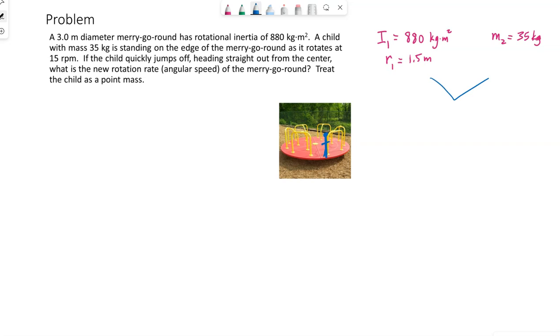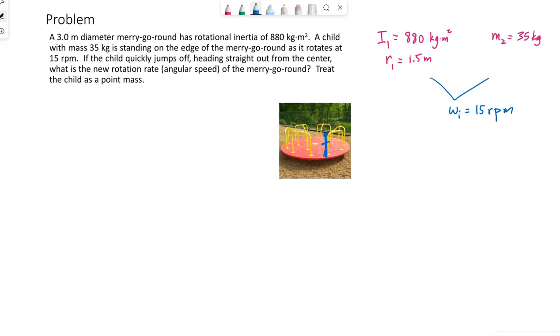The system with this child on it is originally rotating at 15 RPM, so revolutions per minute. The child's going to jump off, heading straight out from the center. That's actually an important piece of information. And we're trying to find this final rotation rate.